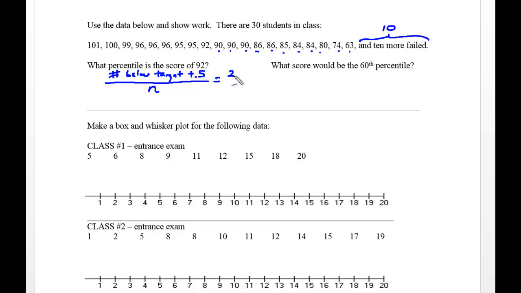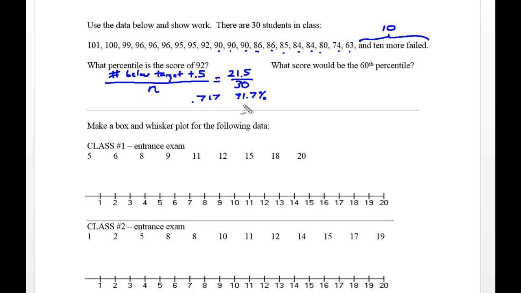So this would be 21.5, because there are 21 people below my target number, which is 92, and we divide that by 30, and this gives us a percent, and on the calculator this would be 0.717, and we would write that as a percentile of 71.7%. So if you earned a 92%, then 71.7% are below you in the class, and 29% is above you.